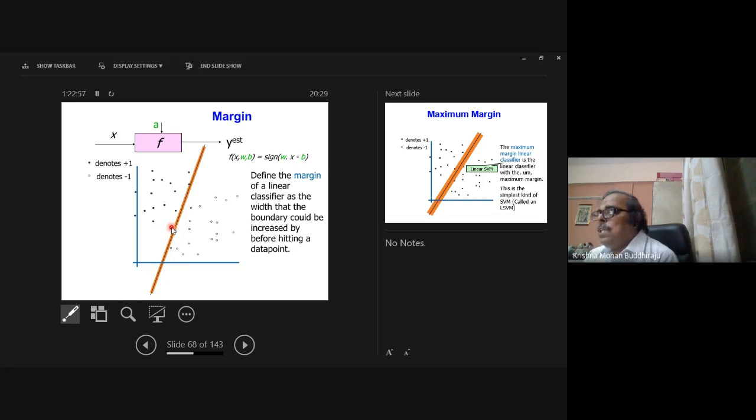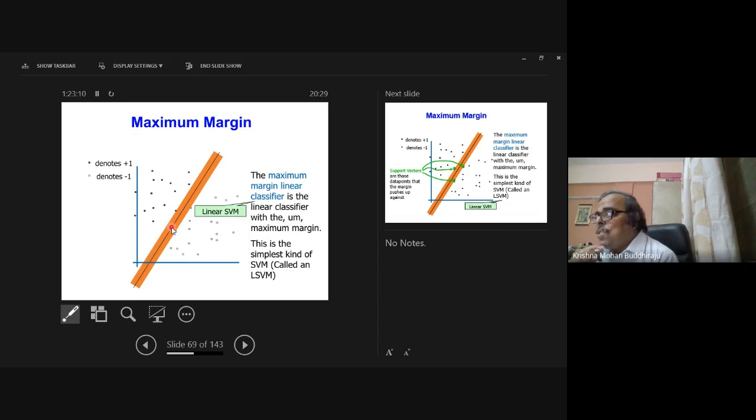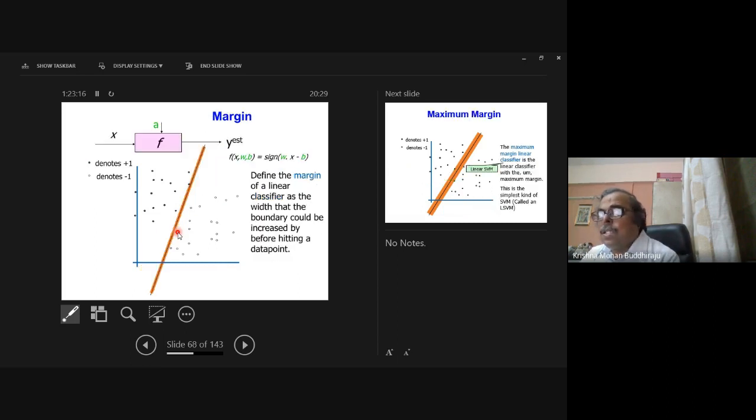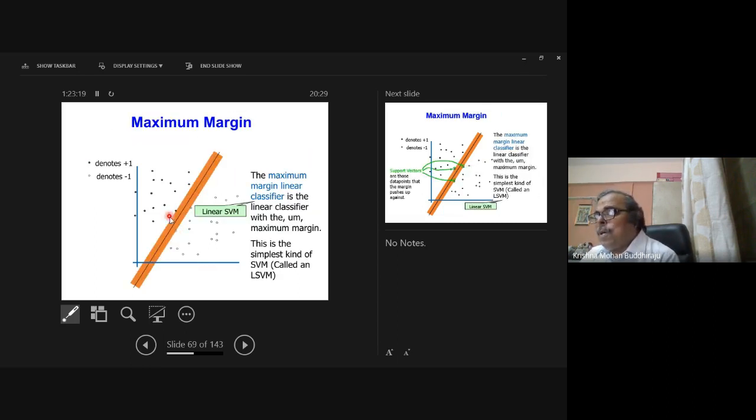So you have very small margin for the test samples to vary near the class boundary. Whereas if you use this one, relative to this, you have much more margin. Samples of this class can go all the way up to the boundary. So you have much more margin available.